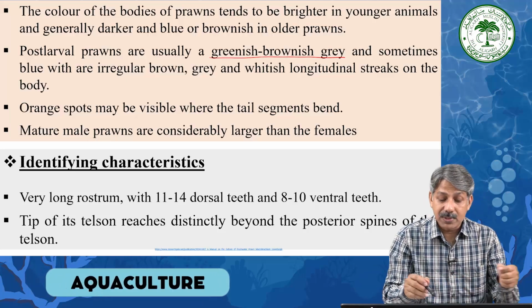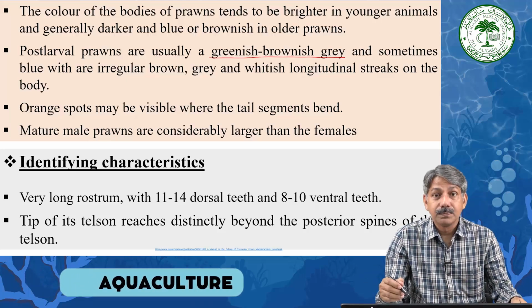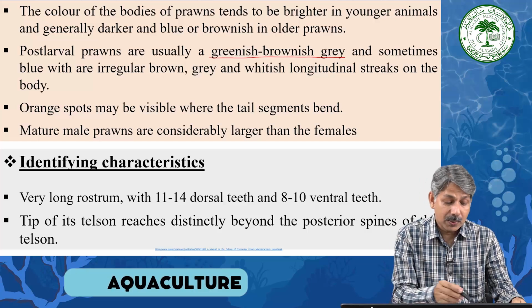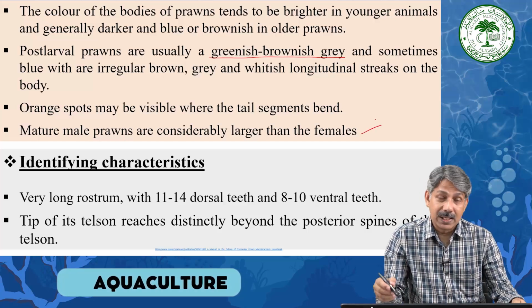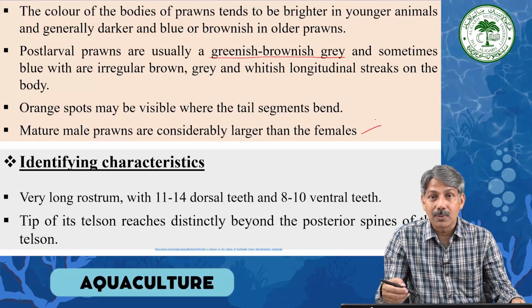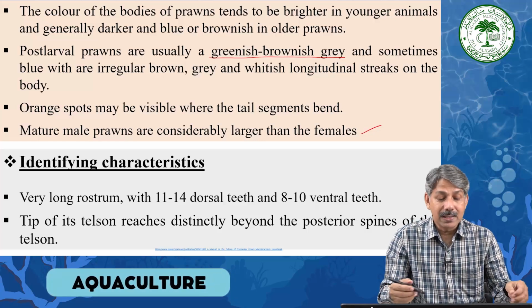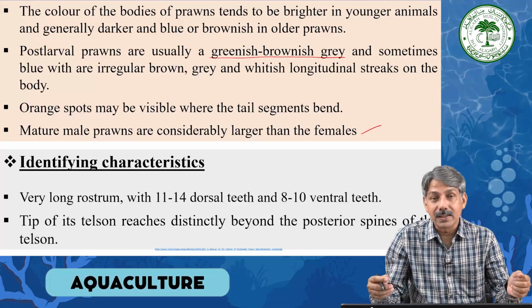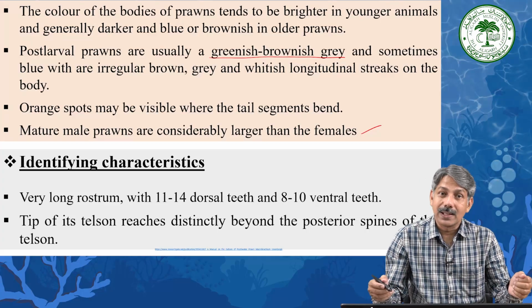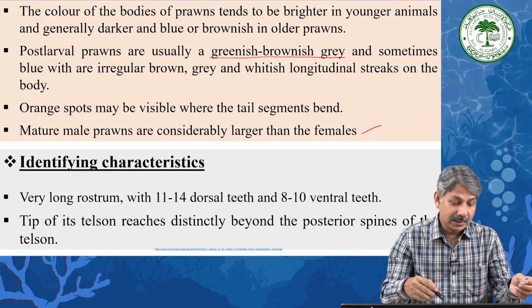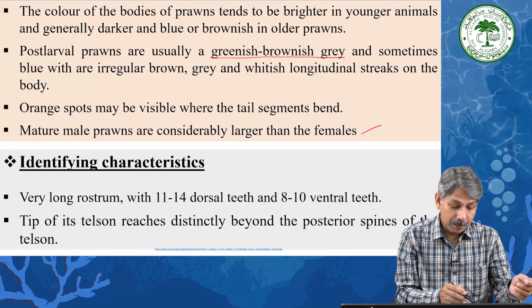Orange spots may be visible where the tail segments bend. Mature male prawns are considerably larger than the females. In the case of the giant freshwater prawn, full grown, adult, mature males you will find larger in size compared to females.